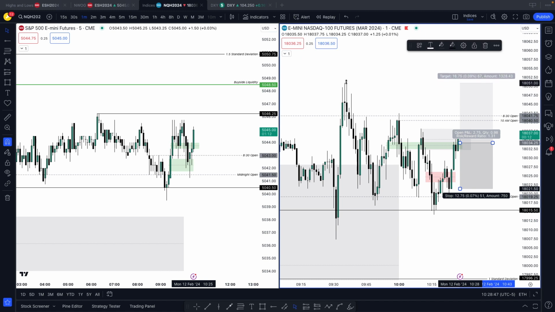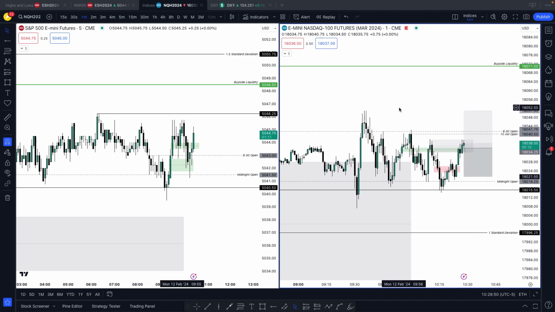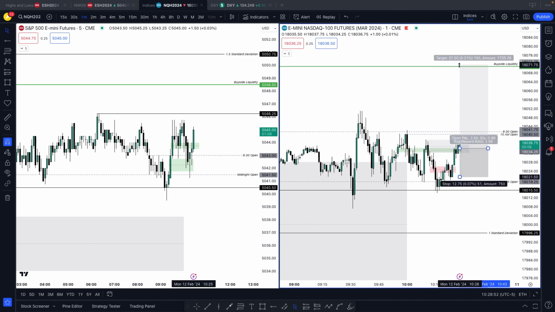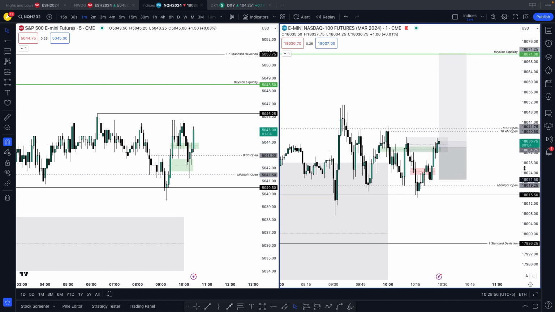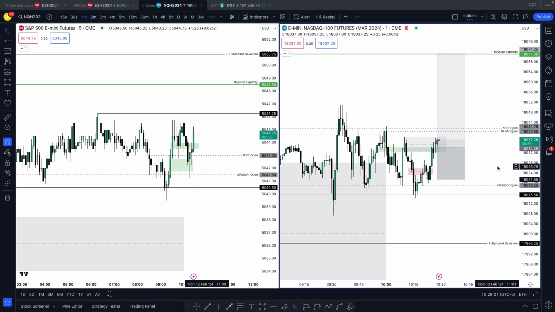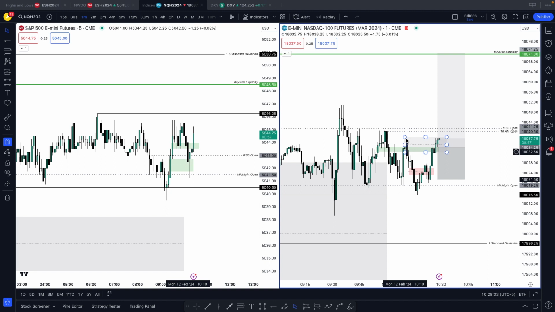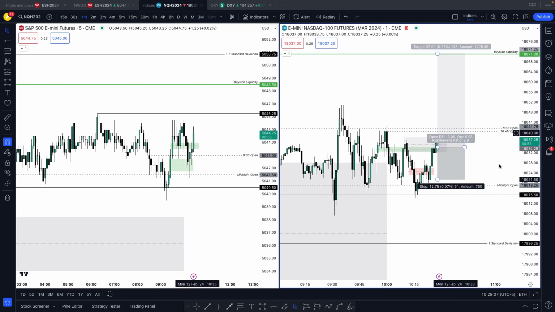And then you can target the highs there and buy side up here. And we want to see this start to expand away out of the mitigation block right here, or out of the breaker, excuse me. Reach back up above 10 a.m. open.